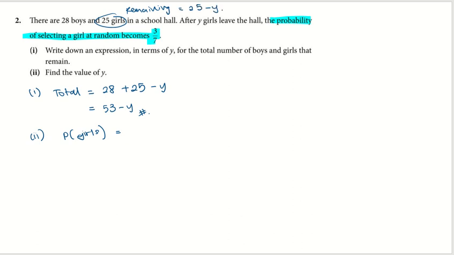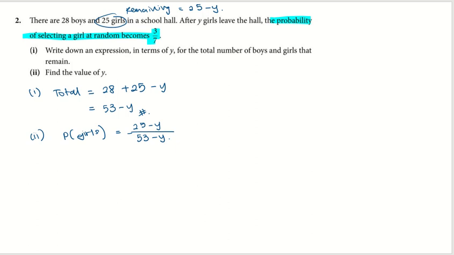So the probability of choosing a girl after the y girls left the hall would be my remaining number of girls, which is 25 minus y, over my total number of students remaining in the hall, which is 53 minus y. I repeat one more time: I want to find the probability of choosing a girl after the y girls left.